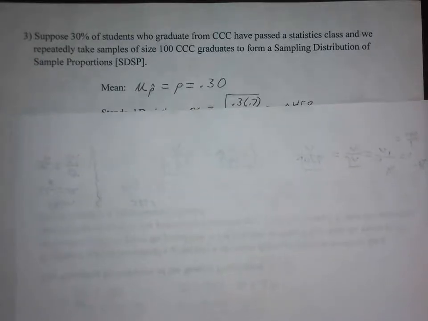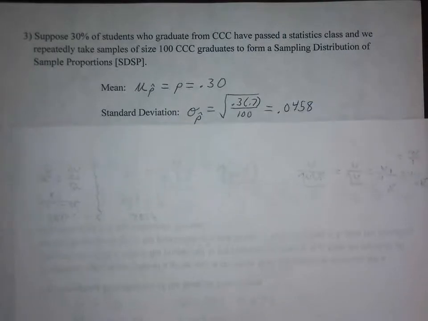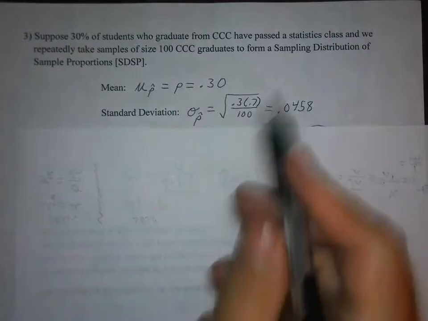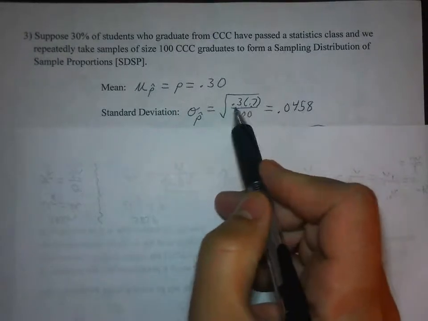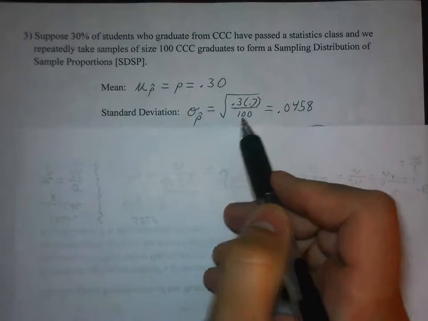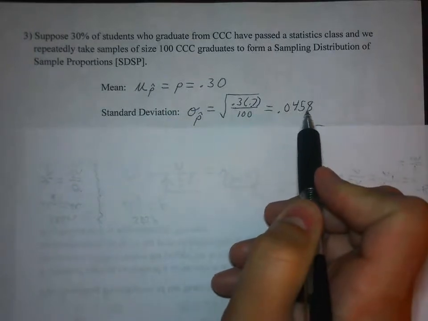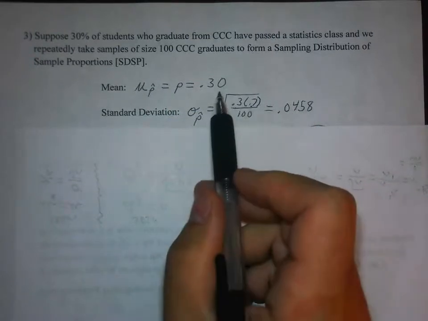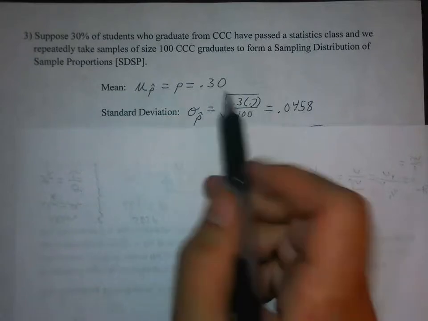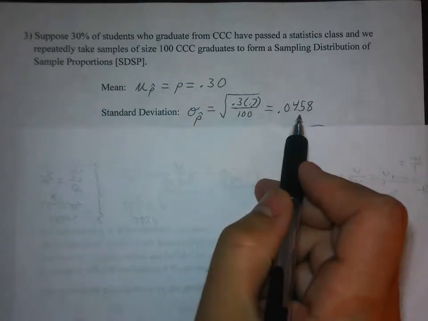The mean of those sample proportions will be 0.3, and the standard deviation will be the square root of p times q over n, so 0.3 times 0.7 over 100. That's about 0.0458. You can also think about this as the mean being 30% and the standard deviation 4.58%.